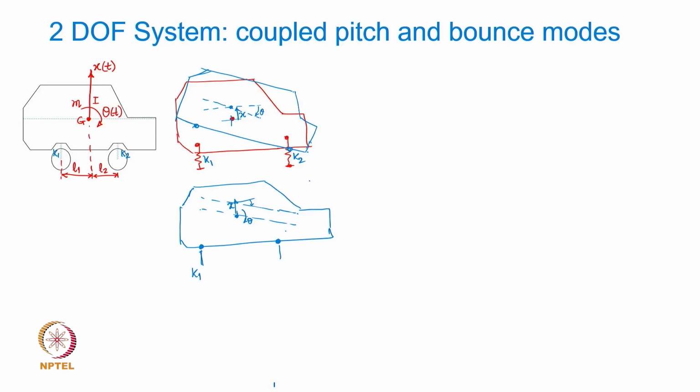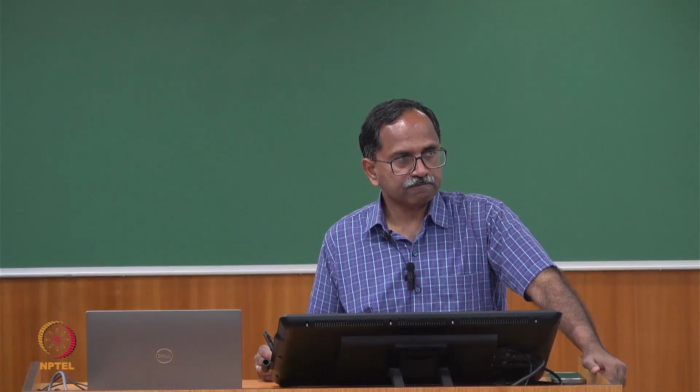It will of course be proportional to the stretch in the spring, and the proportionality constant is K1, right? So how much will be the stretch in the spring in this case? Is it going to be x? Shall I write this as K1 into x?